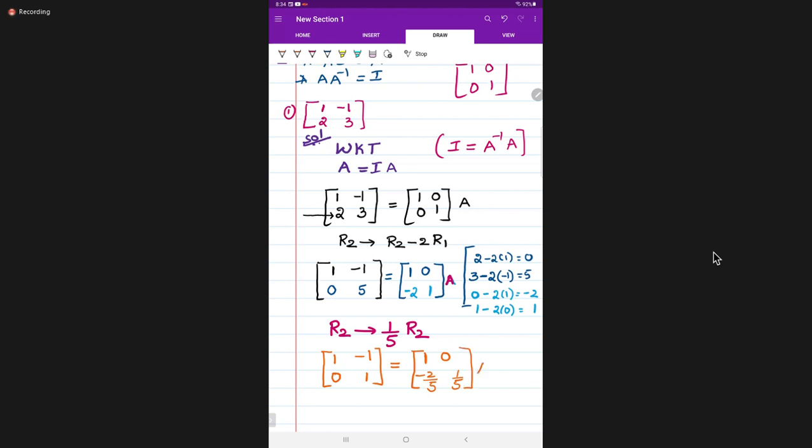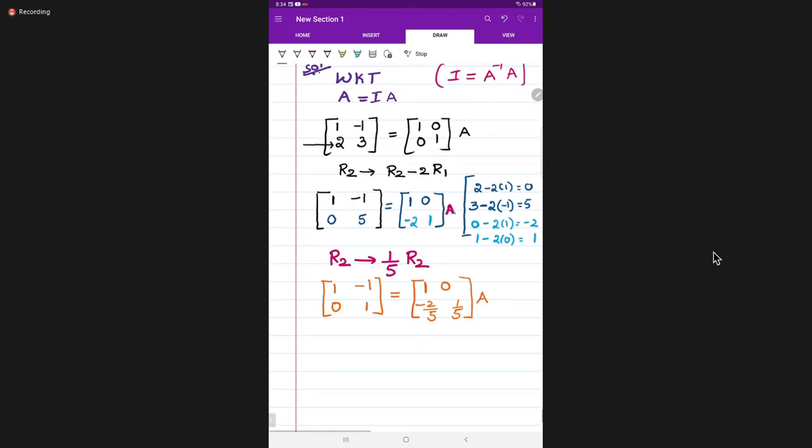Any doubts, students? Next, which one do you have to change? For the identity matrix, left side, first row minus 1 we have to change. That minus 1 make it as 0 with the help of the lower element, the second row.